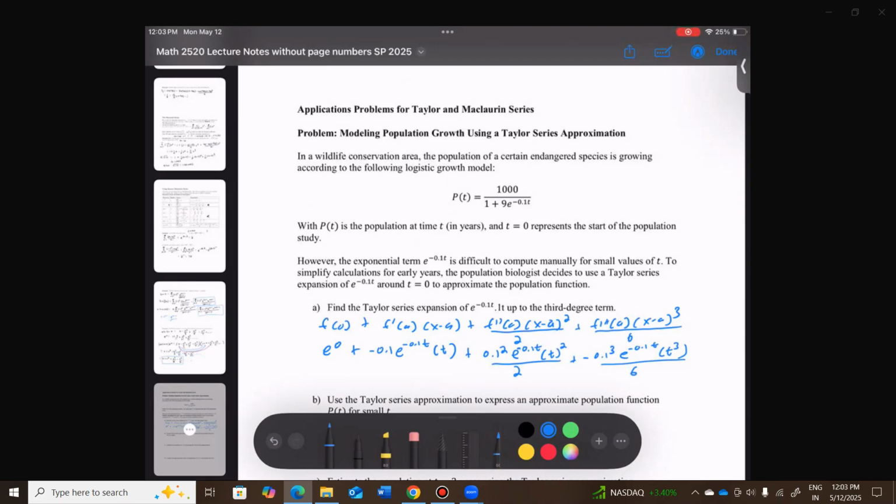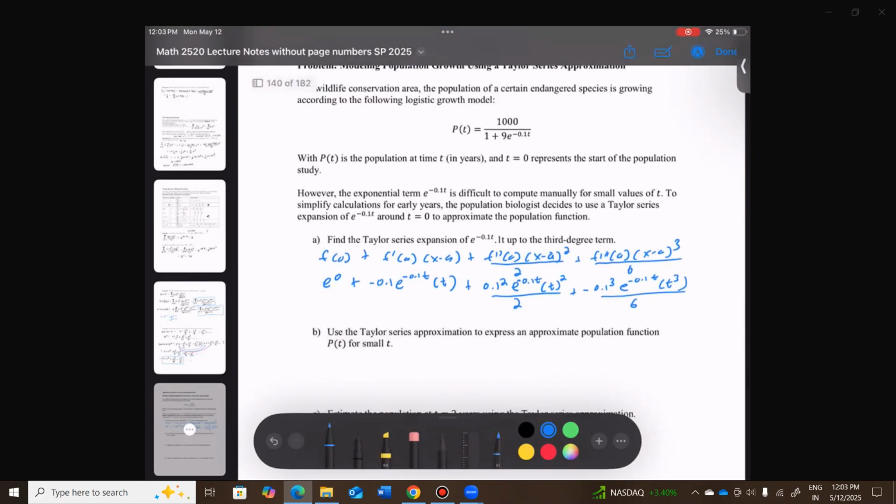I didn't include something, I'll do it in one more step. All these functions here are evaluated at a. So I wrote it with the t in there. I'm supposed to put a, and a is 0, so they're all e to the 0, which is just 1.